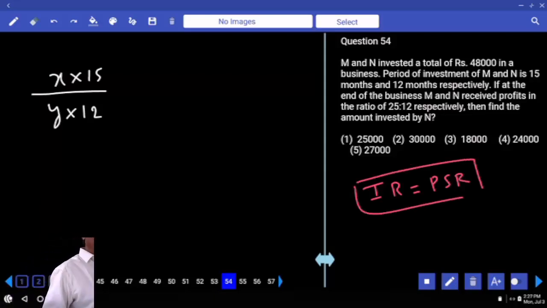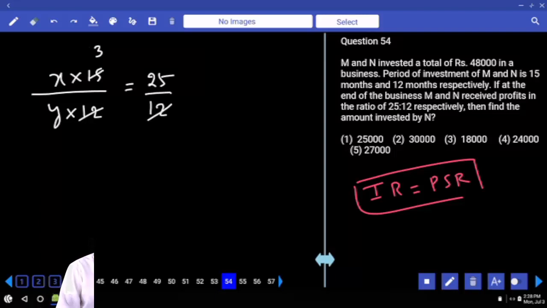Investment ratio is x into 15 by y into 12. So now I have to equate this ratio with the profit sharing ratio. What is the given profit sharing ratio? 25 by 12. 5 threes are 15, 5 fives are 25. That means x is to y is equal to 5 is to 3.